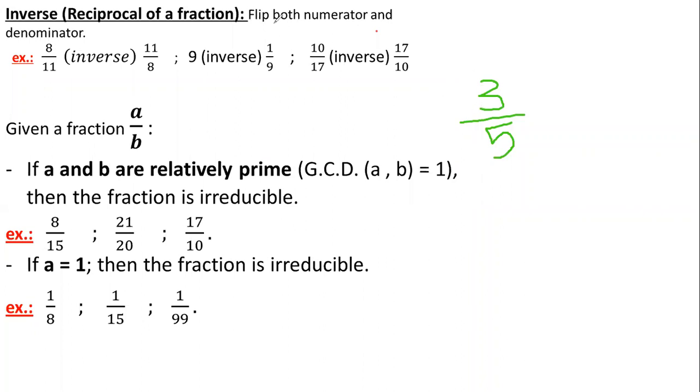It's very easy. We flip both the numerator and denominator. What do we mean by flipping? Changing places. So the numerator becomes a denominator and the denominator becomes a numerator. This is what we mean by inverse. So for the inverse or reciprocal of a fraction, we flip both the numerator and the denominator.